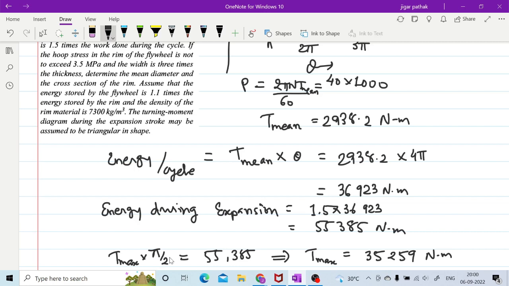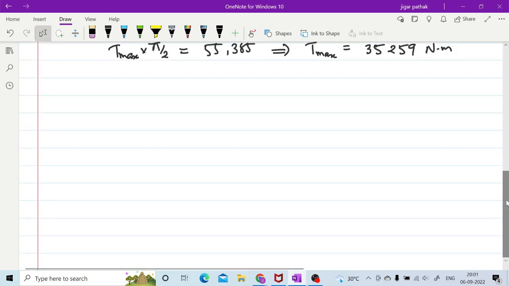So the maximum energy we are getting during this expansion is T max into that angle turned, which is pi by 2. Since we have the angle turned and the maximum energy, from that we can get the maximum torque. That is why we have written this maximum torque from this.